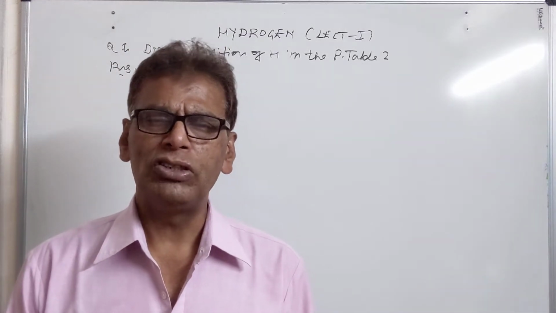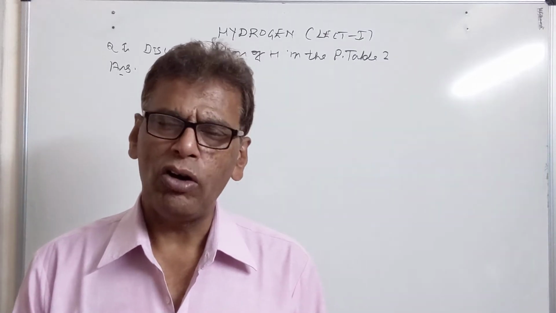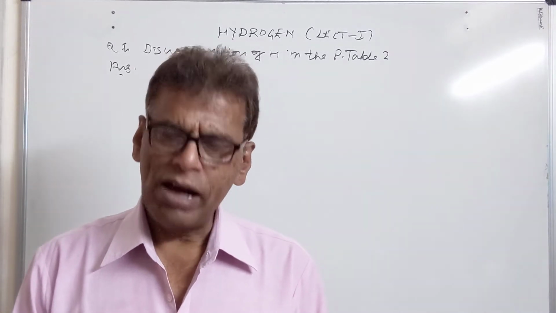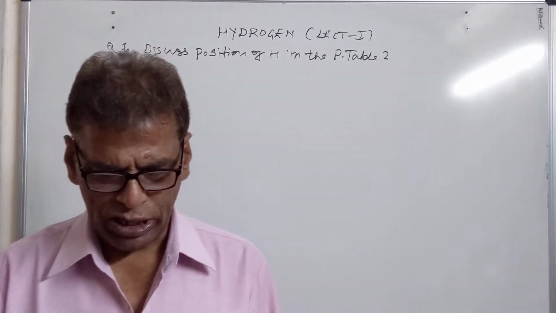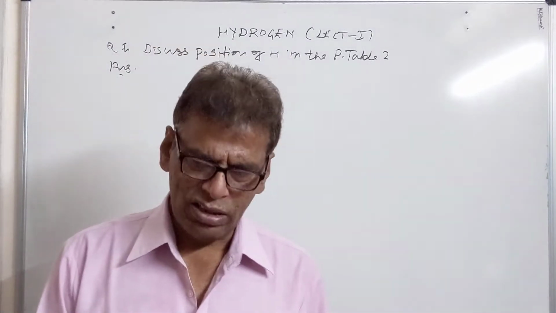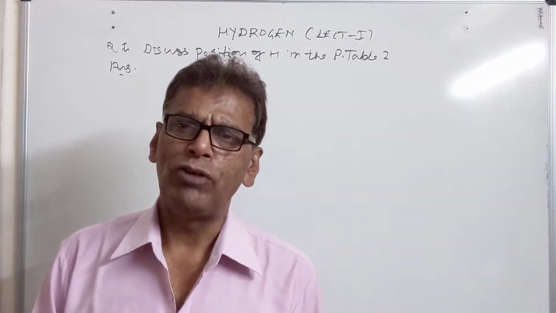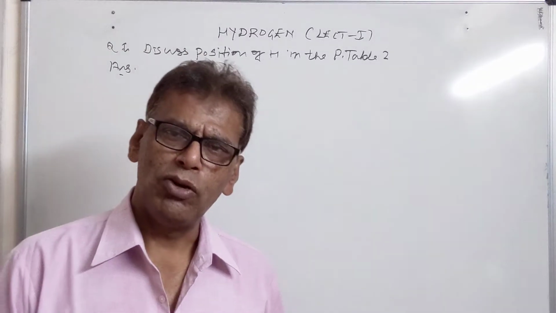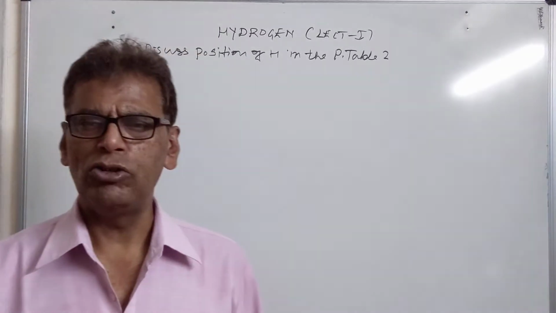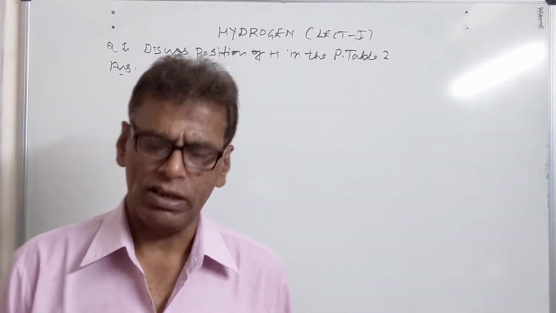That's why its position is in the first group, in the s block of the periodic table. Although this is thought to be the peculiar or anomalous position of hydrogen, there is no other alternative to keep hydrogen somewhere else, so it has been kept in the first group. This is our first question: it resembles both alkali metals as well as halogens, but on the basis of electronic configuration it has been kept along with alkali metals.